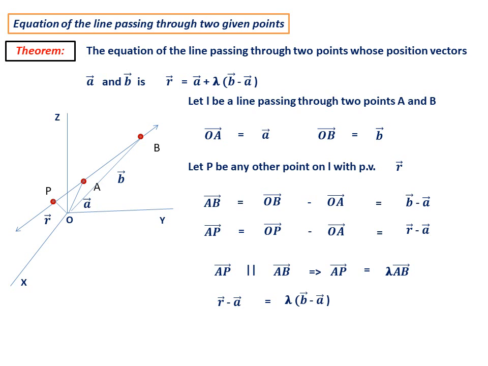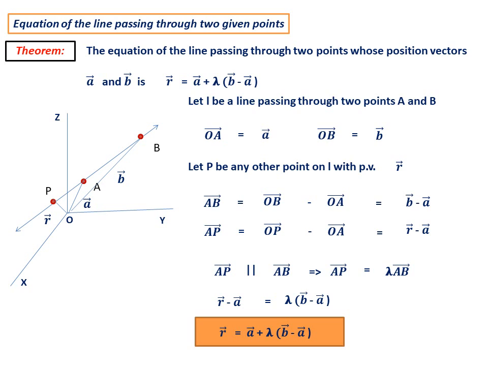AP is vector R minus vector A equal to lambda times vector B minus vector A. Therefore simplification will give you vector R equal to, taking minus A to the right side, vector A plus lambda times vector B minus vector A. This is the vector form of the straight line, or equation of the line in vector form.